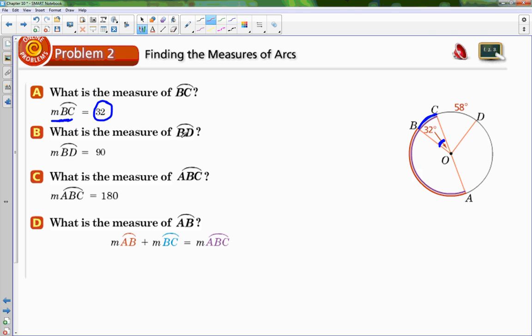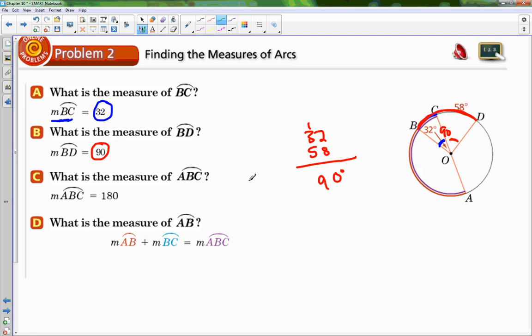We want to find the measure of BD. If you look, the 2 angles that make the central angle for BD are 32 and 58. If I add those together, we get 90. So this combined central angle is 90, so our arc measure is also going to be 90.